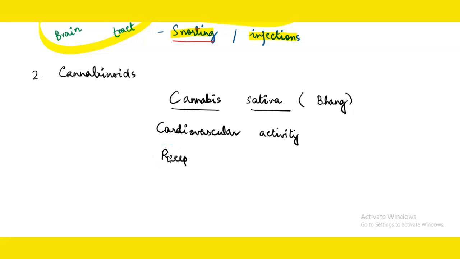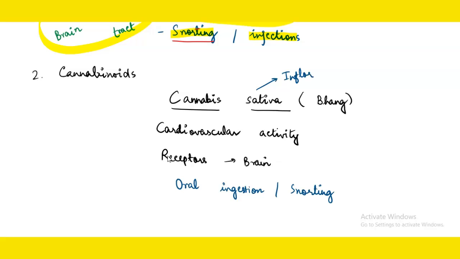Receptors for this are located in the brain only, and it is generally taken through oral ingestion, or it can also be taken through the process of snorting. Generally, bhang or cannabinoids are taken from the inflorescence of this plant.